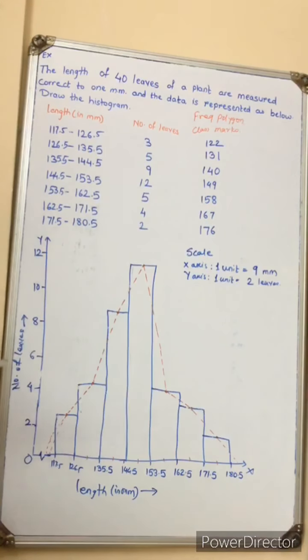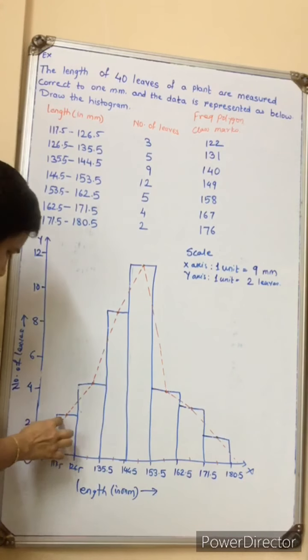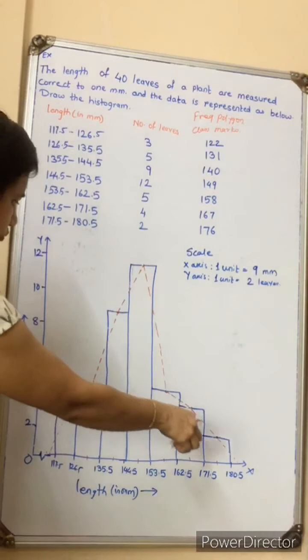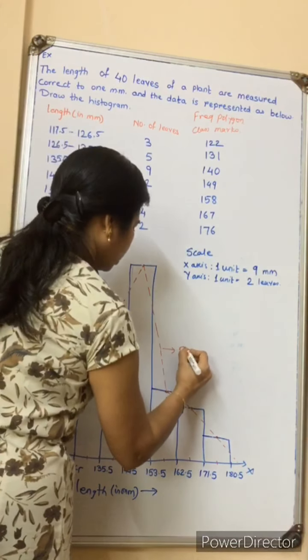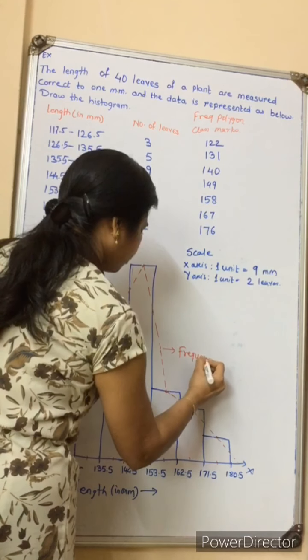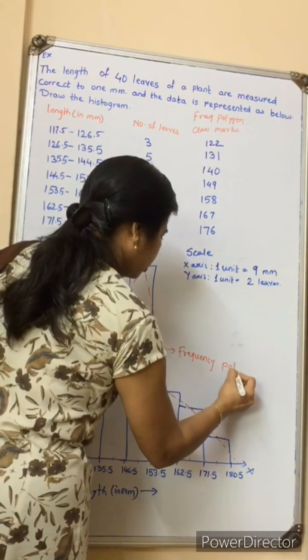The straight line joins the midpoints of the tops of the histogram bars. This is what a frequency polygon is.